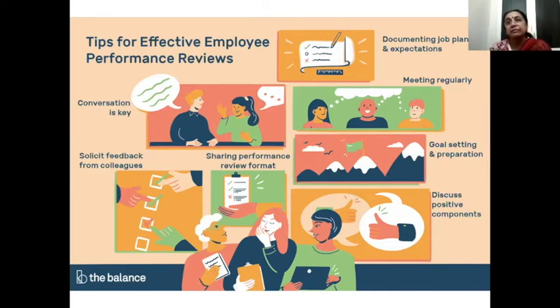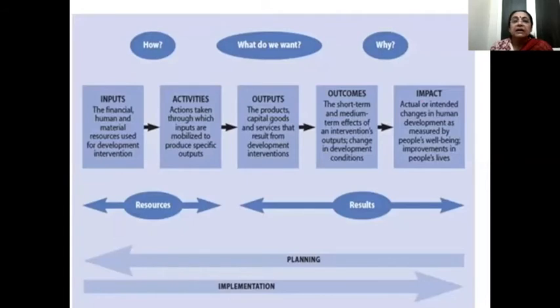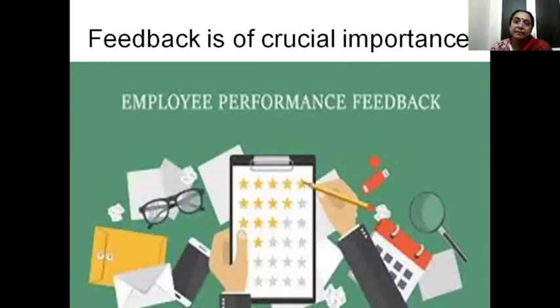All that will be of great value. So essentially, how we are going to do it, what we are going to do, and why we are going to do it. This is going to include both the resources we have and the results we have. So the evaluation is basically on whether resources have been optimally utilized, whether the results that were desired were achieved.